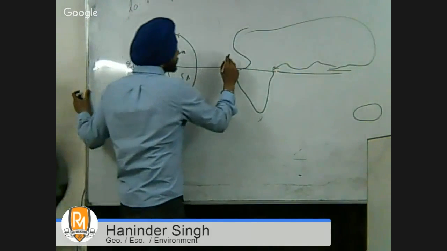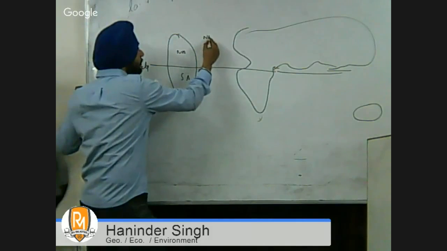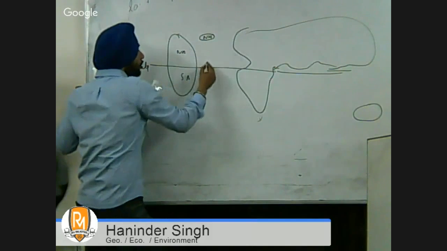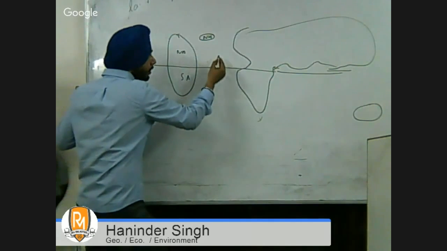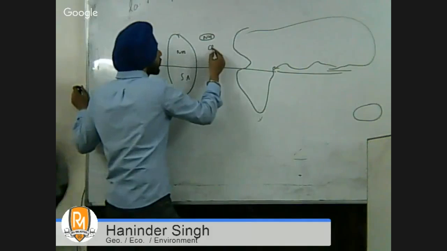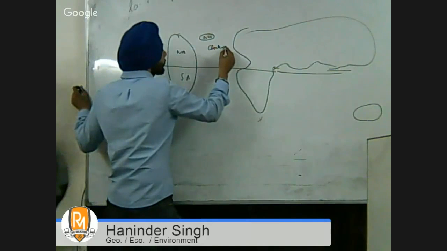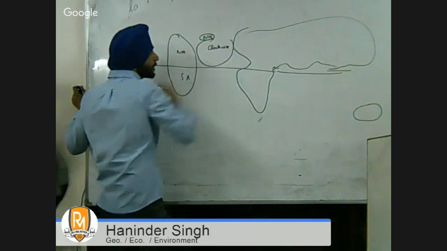Now what happens is that normally in the northern hemisphere, water moves in which direction? Clockwise. So it means that something of this sort is happening.